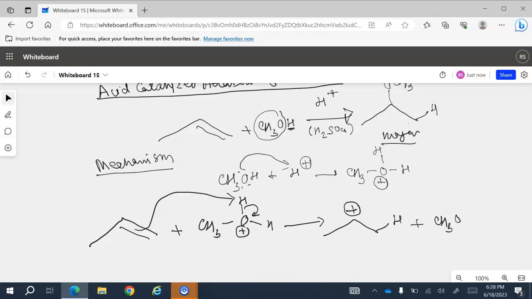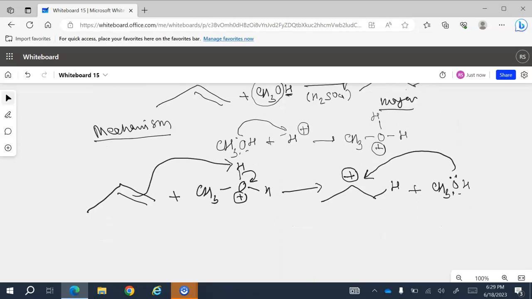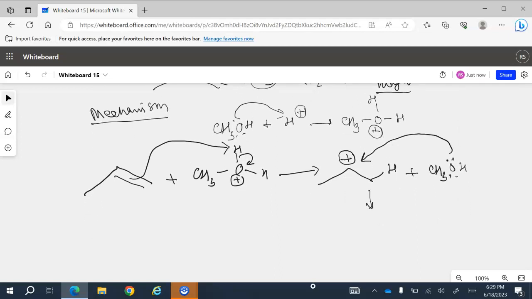Now CH3OH, the side product, can act as the nucleophile. That is when we attack the carbocation. Now you have hydrogen there, and this is where you have OH and CH3. This is when you have the positive charge because oxygen has 3 bonds.